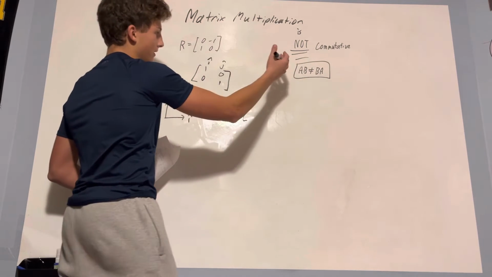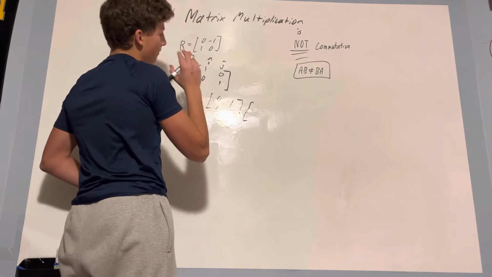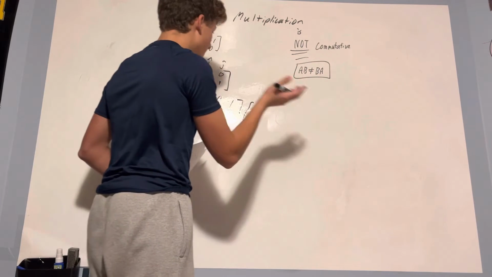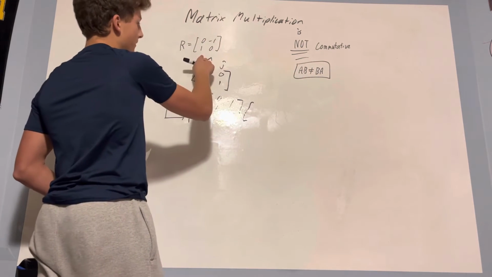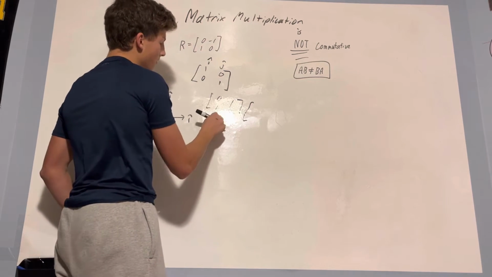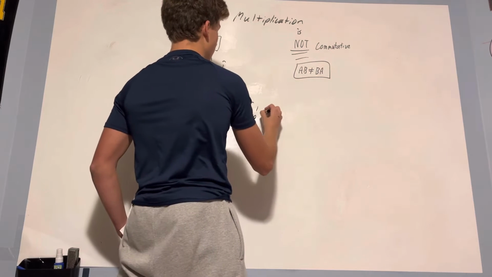Remember that it's not commutative. So generally, we have the matrix that we're applying the transformation to all the way to the right, and the transformations on the left. So we have R, 0, negative 1, 1, 0, and we're going to multiply it by 1, 0, 0, 1.